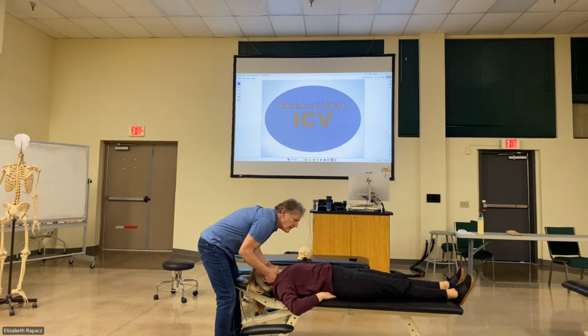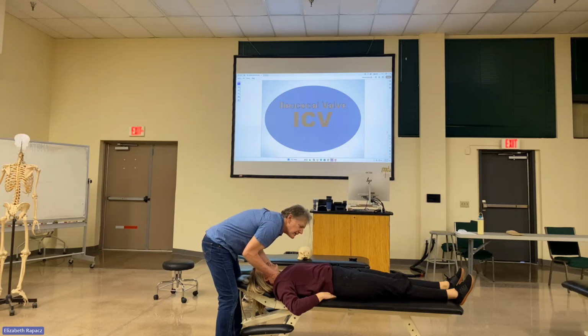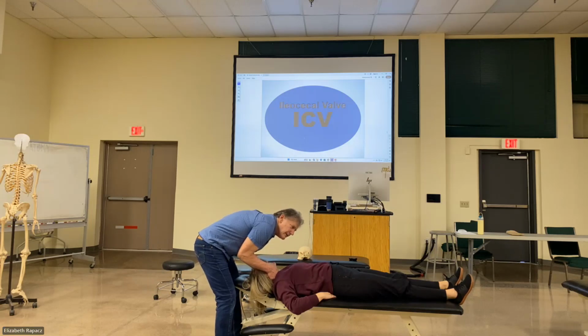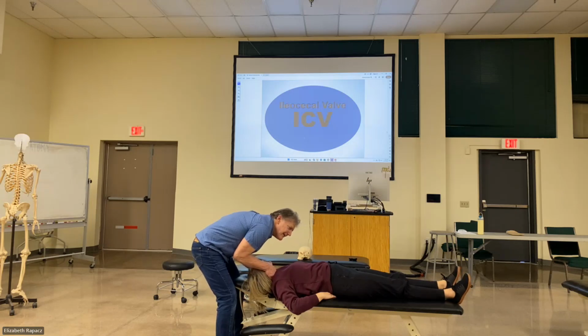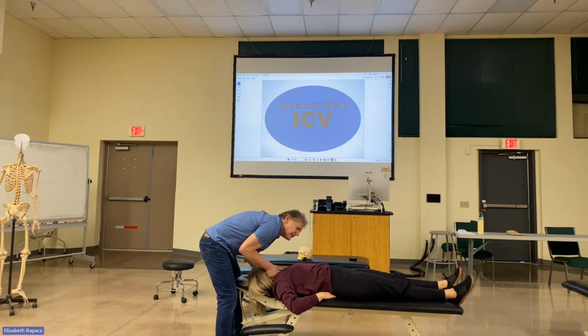So I'm going to get a hold of her C6 and I'm going to pull C6 up off C7 and breathe in. Let it go. And I'm doing traction too. Breathe in. So, there we go. Give me two more just like that.